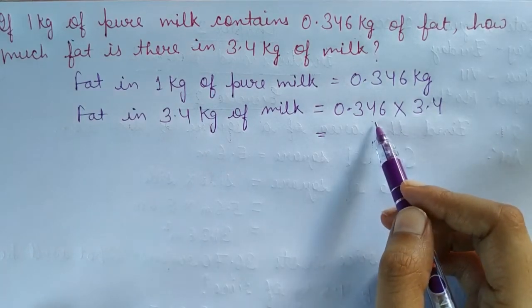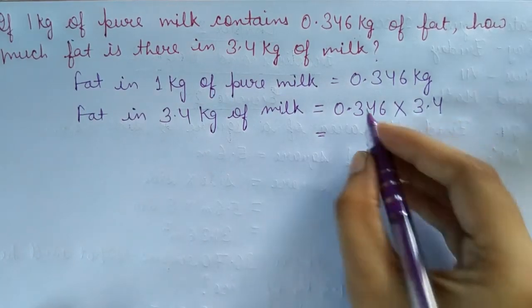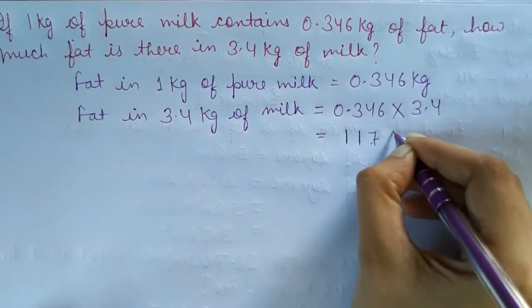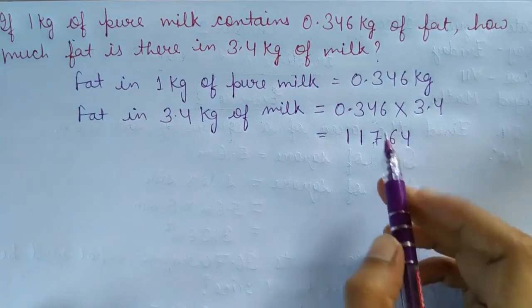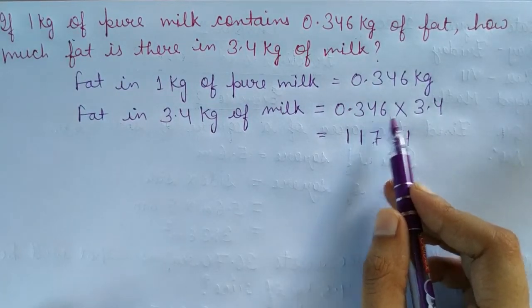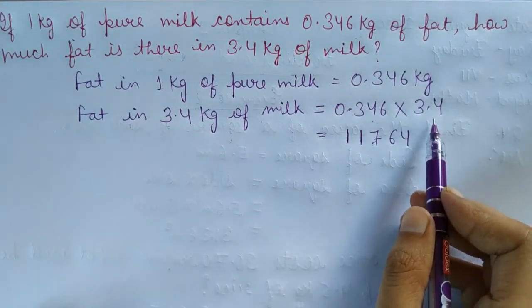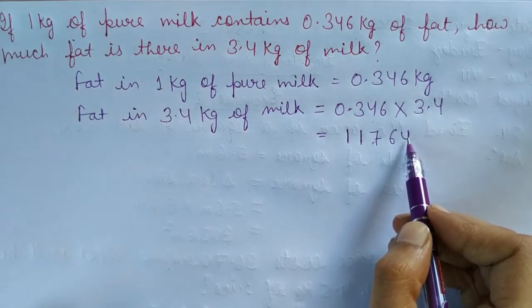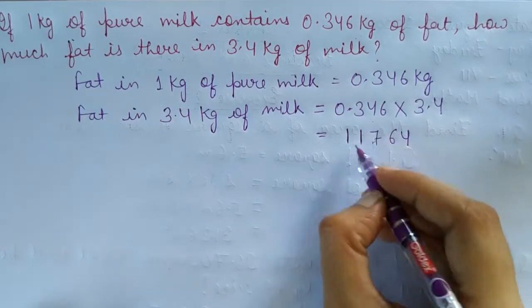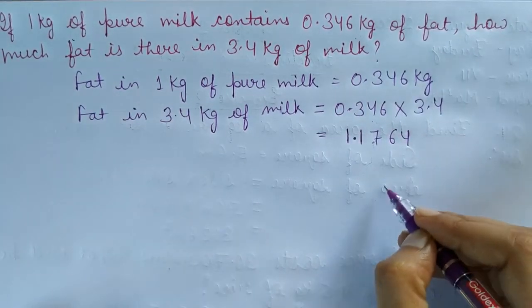When we multiply 346 with 34, we will get 11764. Now we have to put the decimals. Here there are 3 decimal places. Here there is 1 decimal place. 3 plus 1 is 4. So starting from the right, we will leave 4 digits, 1, 2, 3, 4, and we'll put the decimal here.